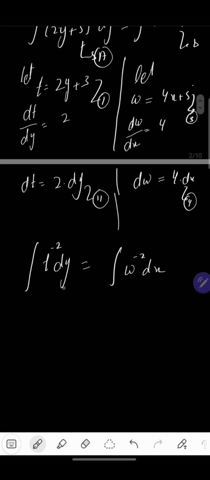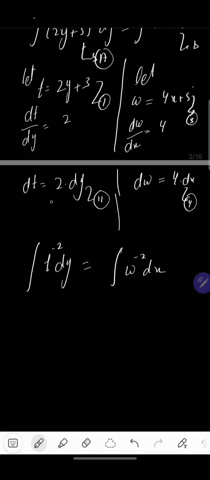Now we have to change this notation because we have the variable t and the integration is with respect to y. In this case, t would be considered constant, so we have to change dy to dt. For that, we multiply by 2 to get 2 dy, and then replace 2 dy by dt to obtain our desired result.